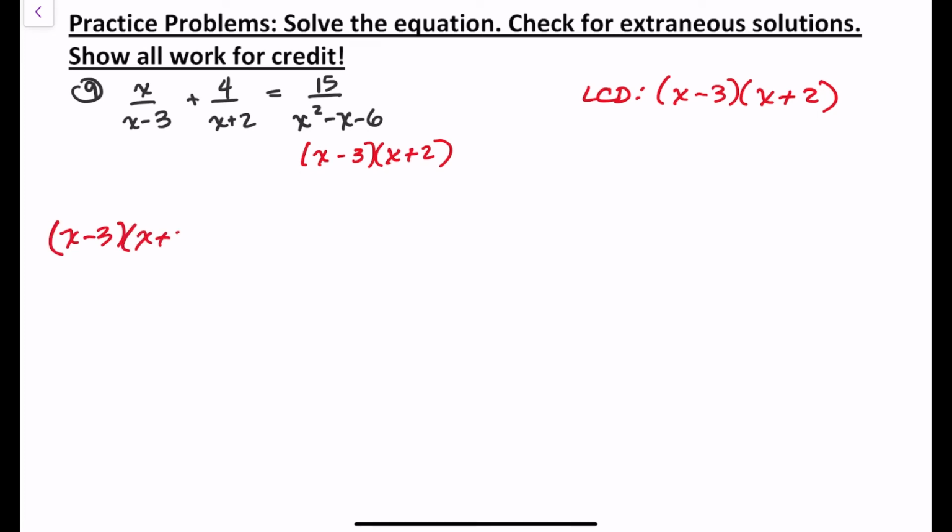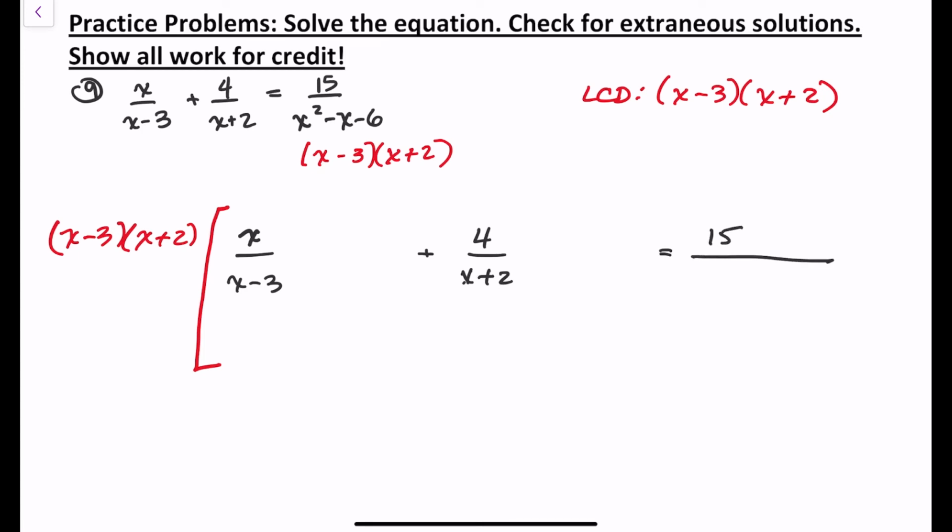I'm going to multiply my least common denominator by all three terms. And let's show this denominator in factored form.